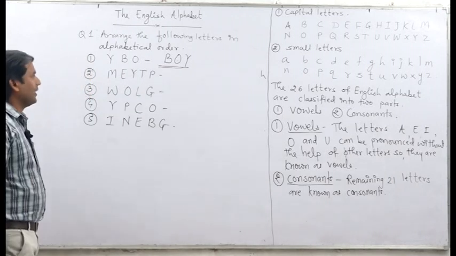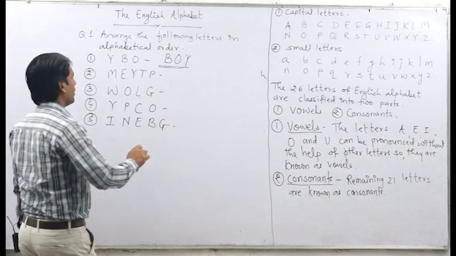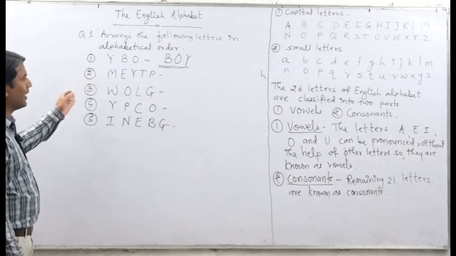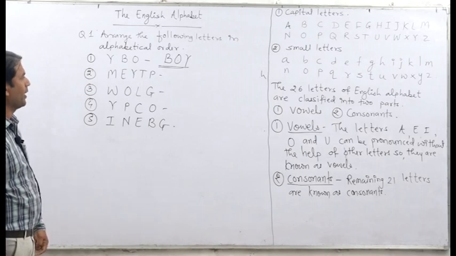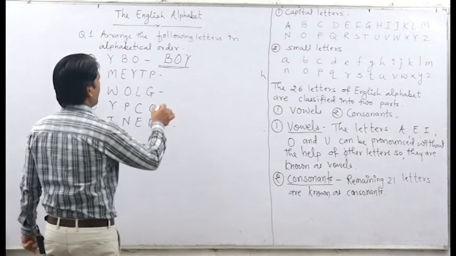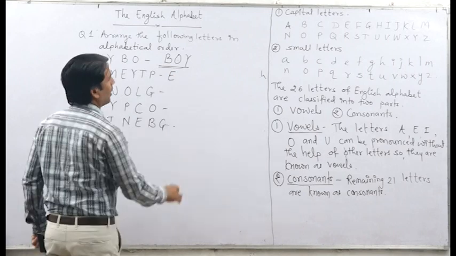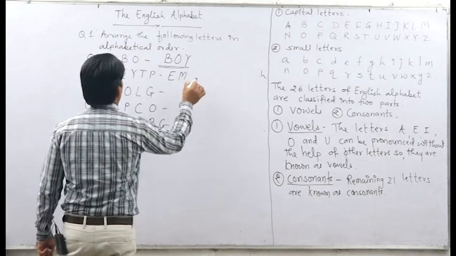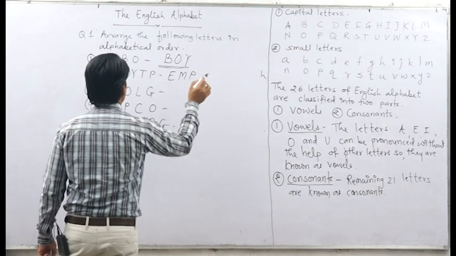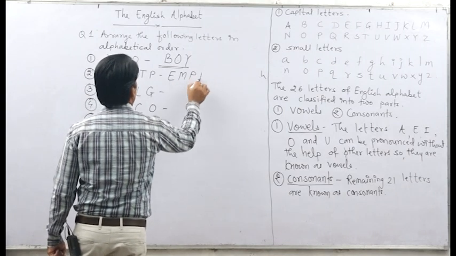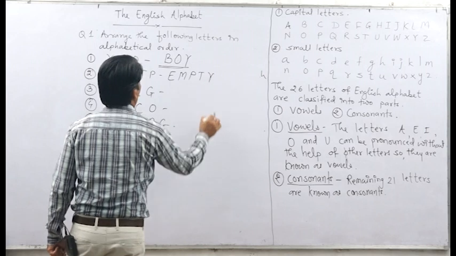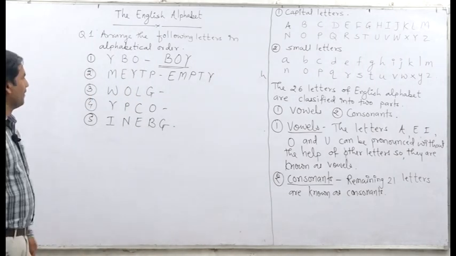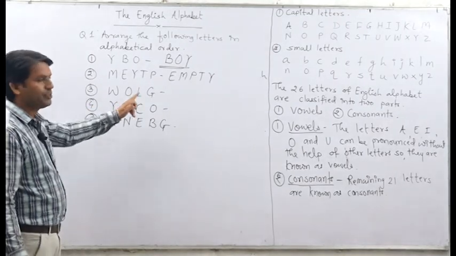So after that, second one, MEYTP. We have to arrange these letters in alphabetical order again. First of all, we have to write here E. After that, M. After that, P, T, Y.